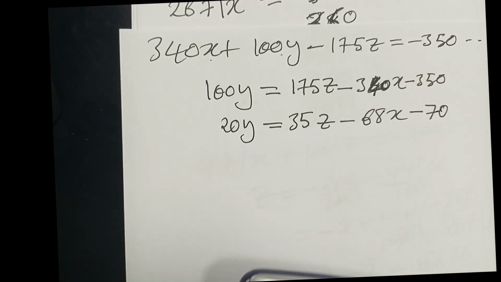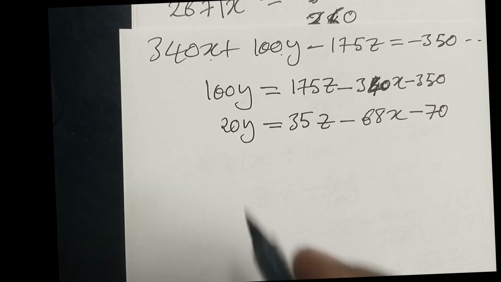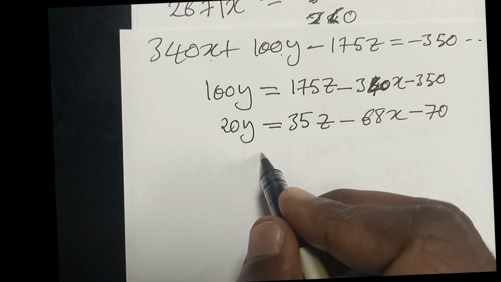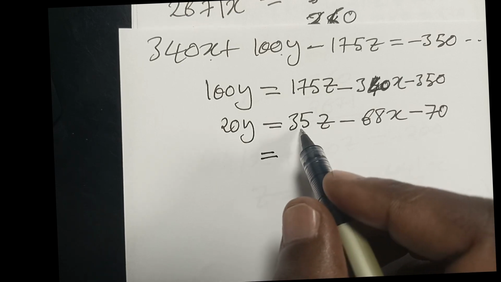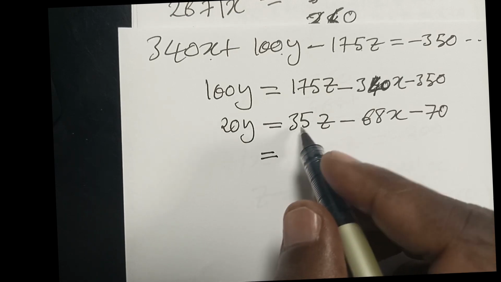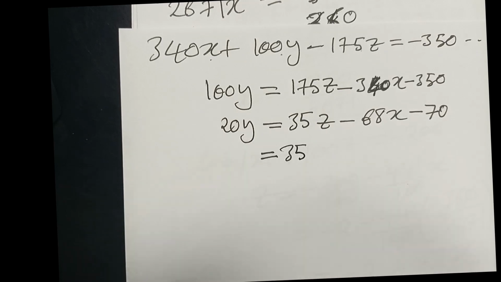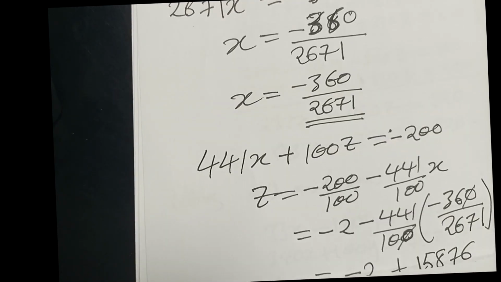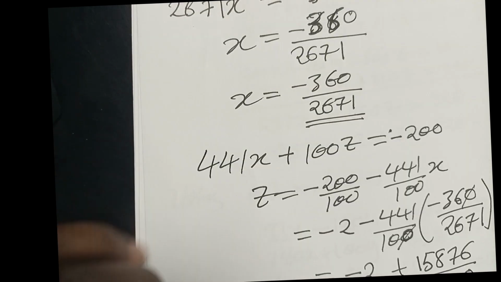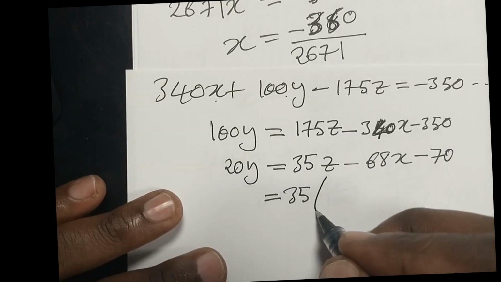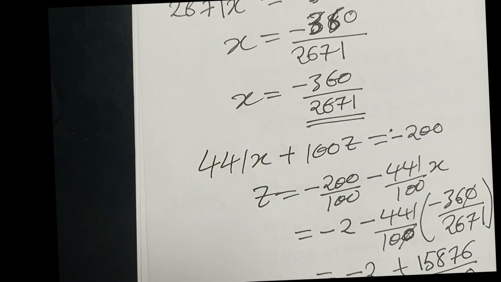Then from here we substitute now. What is the Z value? We found it to be negative 37544 over 26710.